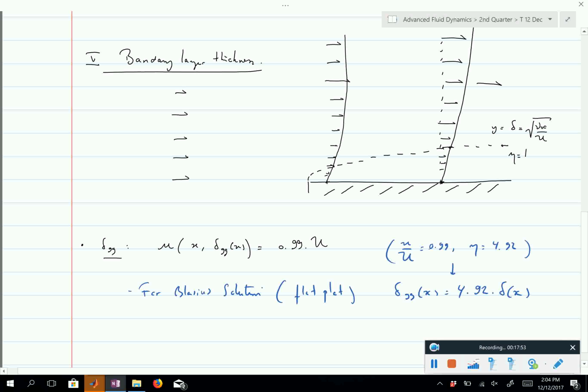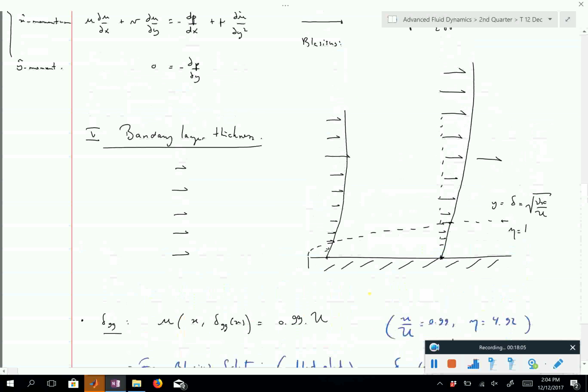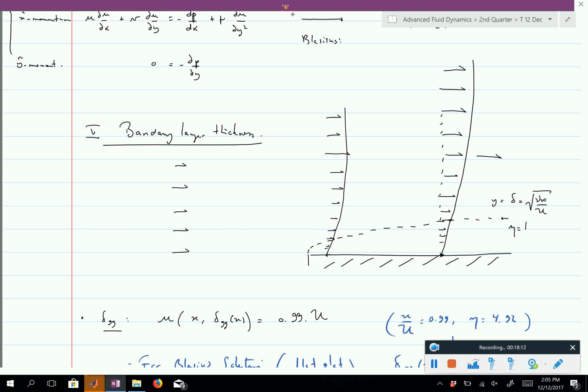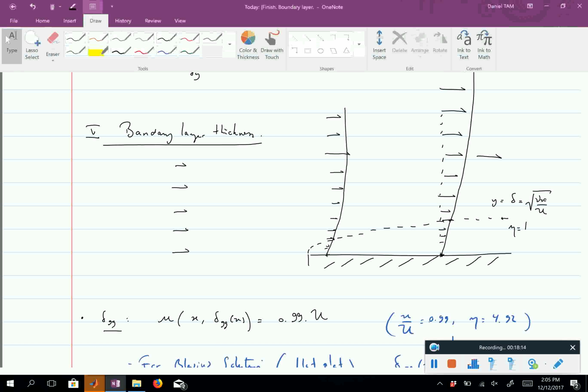If you look into your book, we just solved it numerically, but this is exactly what your book says also, 4.92. So the fact that we assume infinity to be at 100 is already enough to have a very good solution to the boundary layer. So where would that be? Well, you see here, my delta 99 would really be roughly at 4.92 times delta.